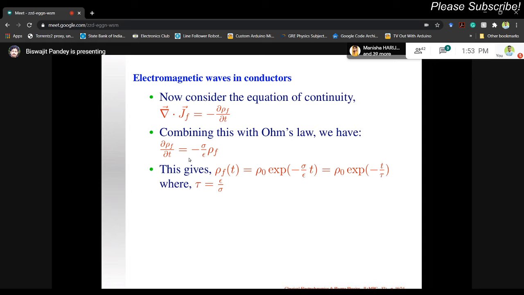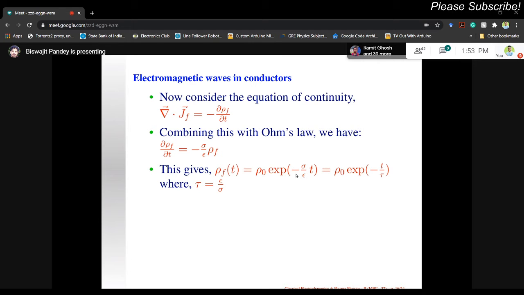If you integrate that, you get a solution for the free charge density as a function of time. So rho free as a function of time is rho 0 times exponential of minus sigma divided by epsilon times t. Sigma and epsilon are properties of the conductor or the metal, so it's a constant. So it's an exponential decay of free charges.